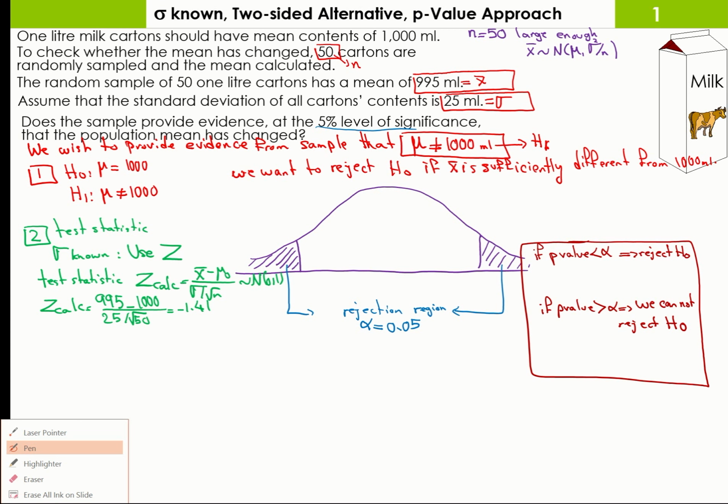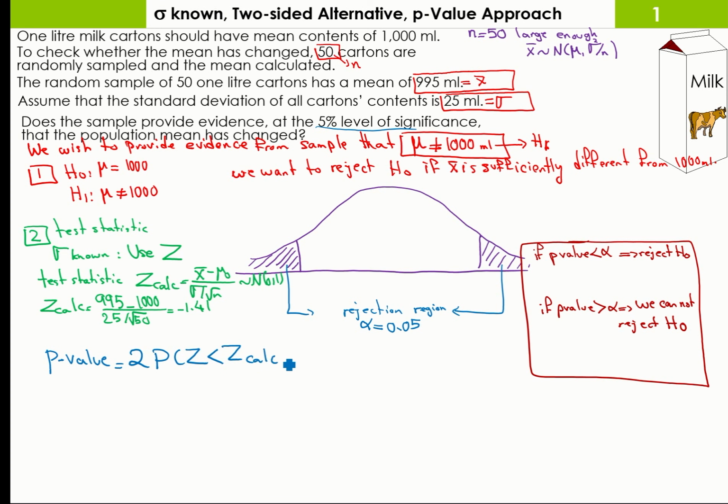So let's find the p-value in this example. In order to find the p-value, we have to calculate actually the double of the probability of Z less than Z calculated. Why? Because this question is a two-tailed question.